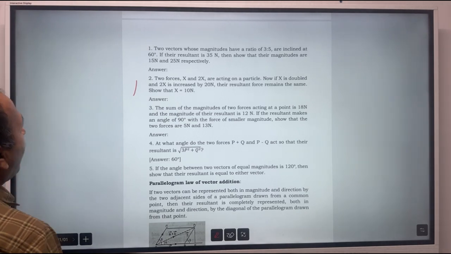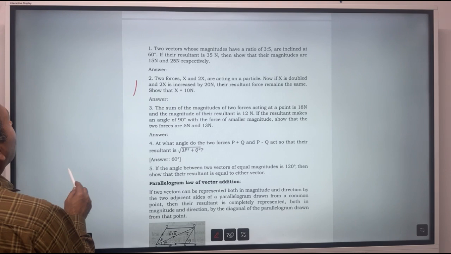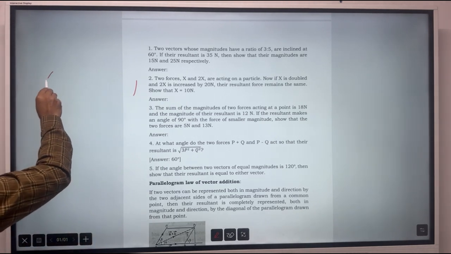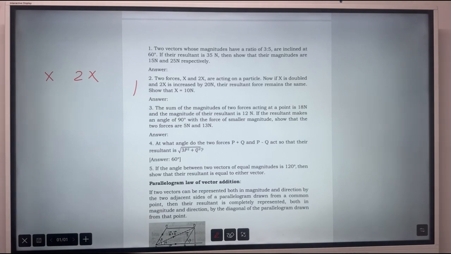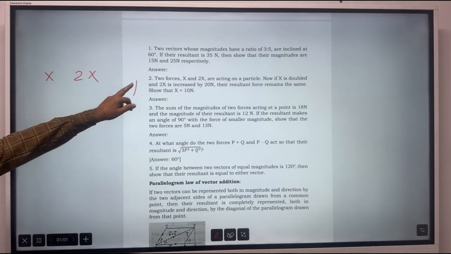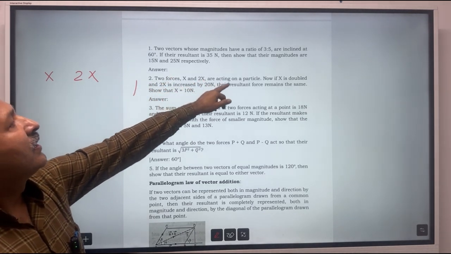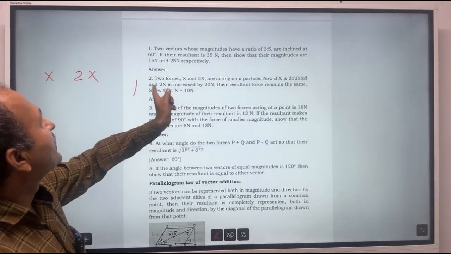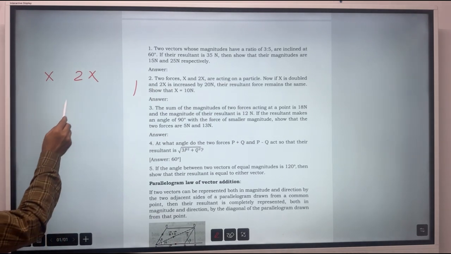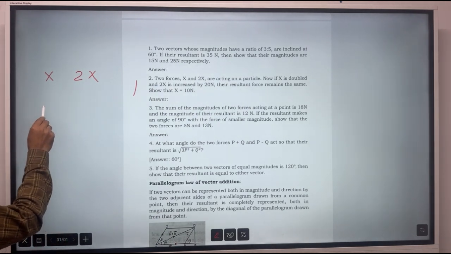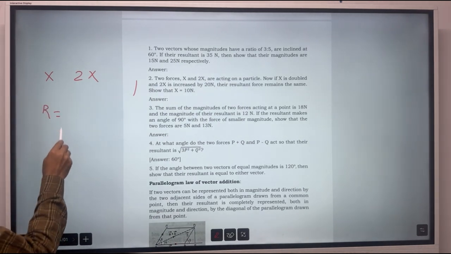So here you are given two forces. One force is x, another is 2x. Now, if x is doubled and 2x is increased by 20 Newton, suppose the resultant will be how much?